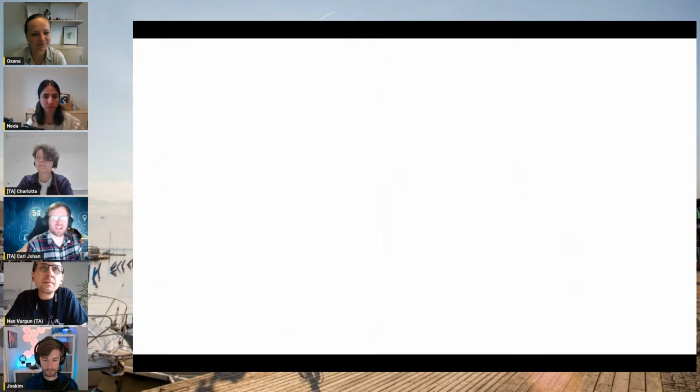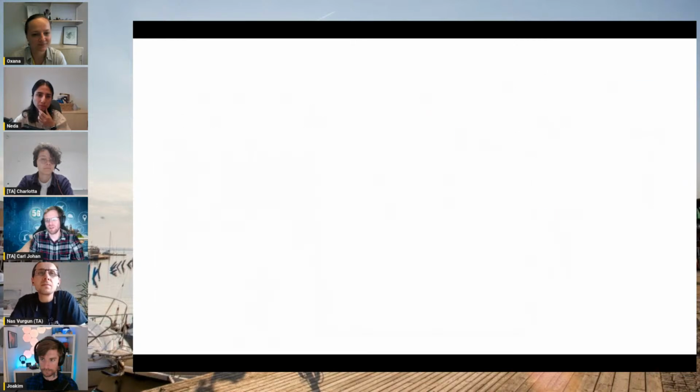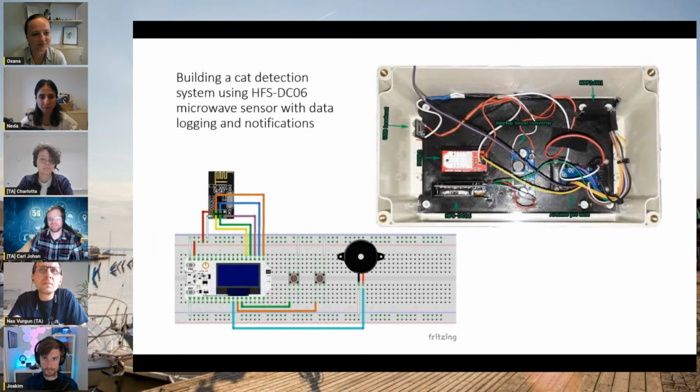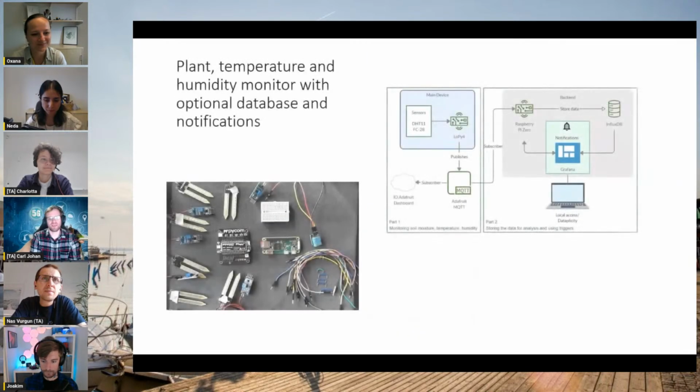There are some commonalities and some differences, and there are a lot of indoor environment monitors with the DHT11, and quite a few plant monitoring systems. Where they might differ is in the presentation, the visualization, or maybe some people added actuation, like the pots being watered by the system when needed.